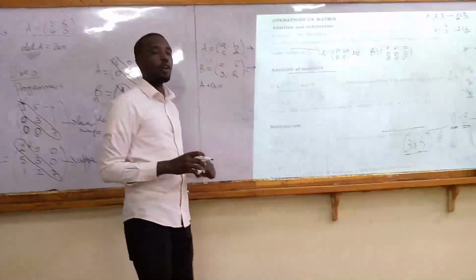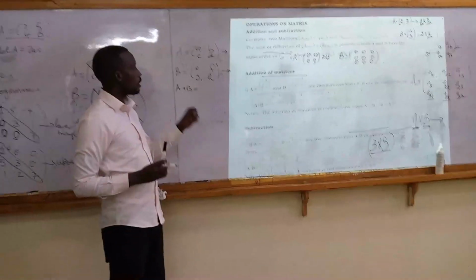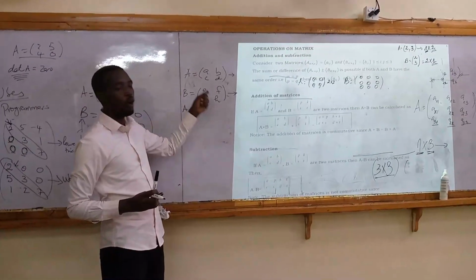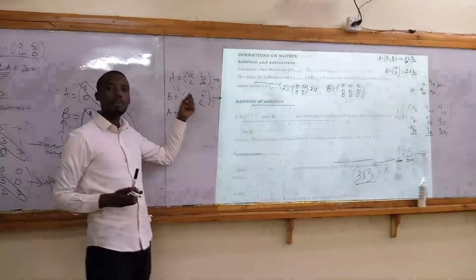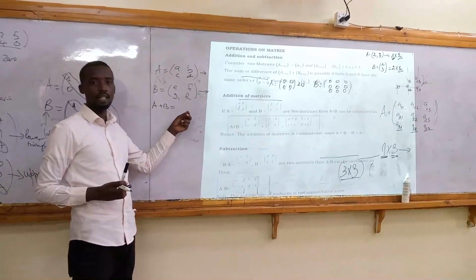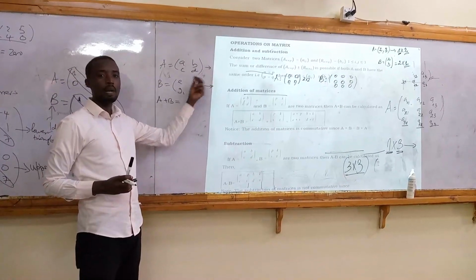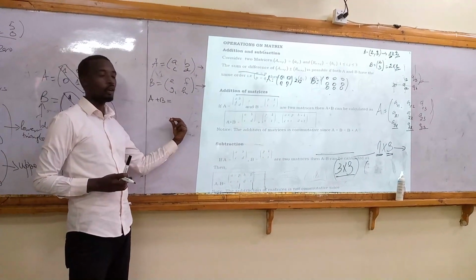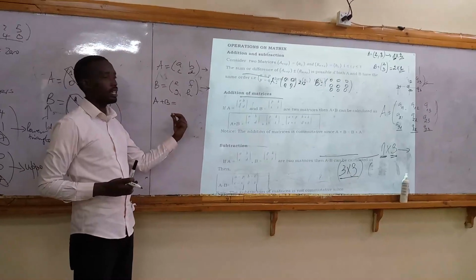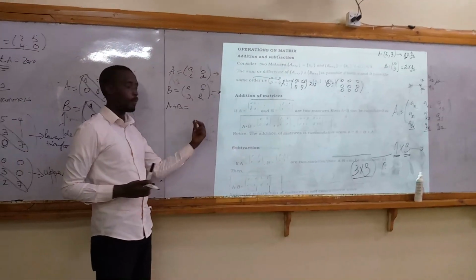The matrix we are going to have is supposed to be of the same order because we add matrices of similar orders. We cannot add a matrix of order 2 to a matrix of order 3, because we add the elements which are in the same position.